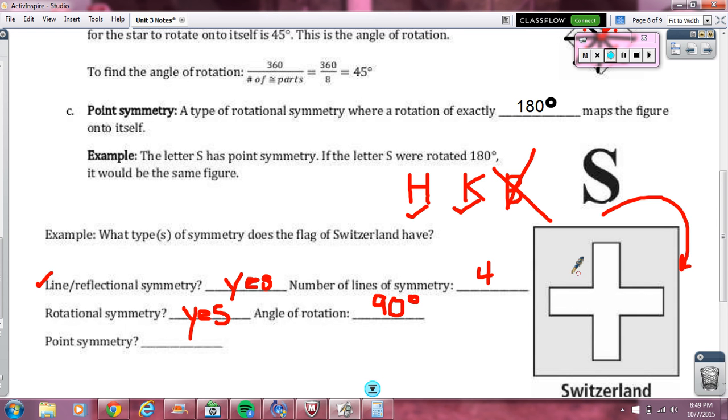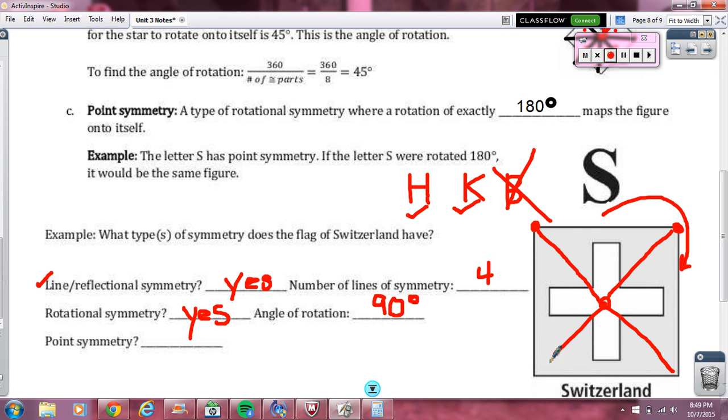Another way to get that 90-degree rotation measurement is if we think about connecting the vertices or the points on the side of our polygon to our middle angle, our central angle, our center point.